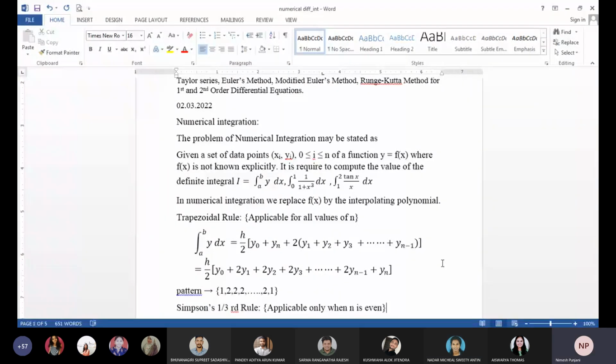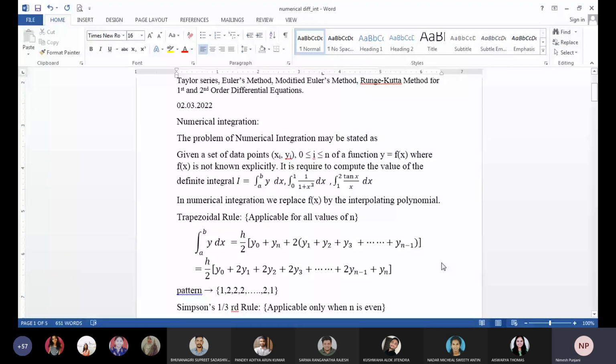You have h by 2 multiplied with y0 plus 2y1 plus 2y2. So the coefficient of y0 is 1, y1 is 2, y2 is 2, y3 is 2 and so on. At the end, the coefficient of yn minus 1 is 2, and the coefficient of yn is 1.